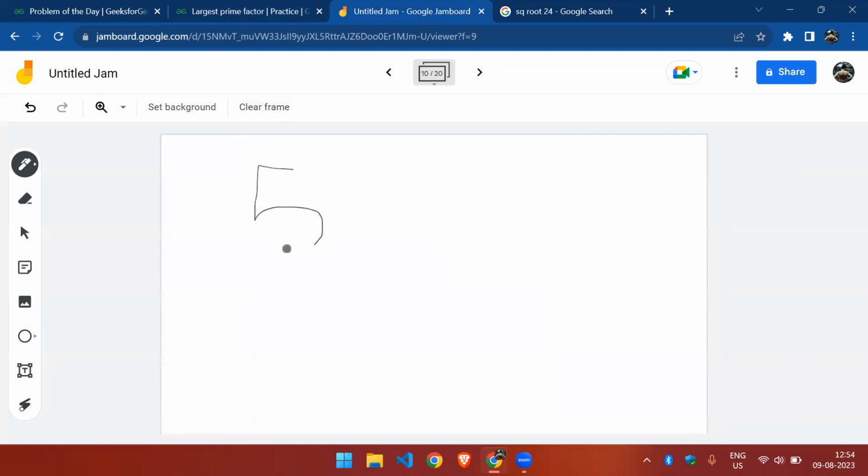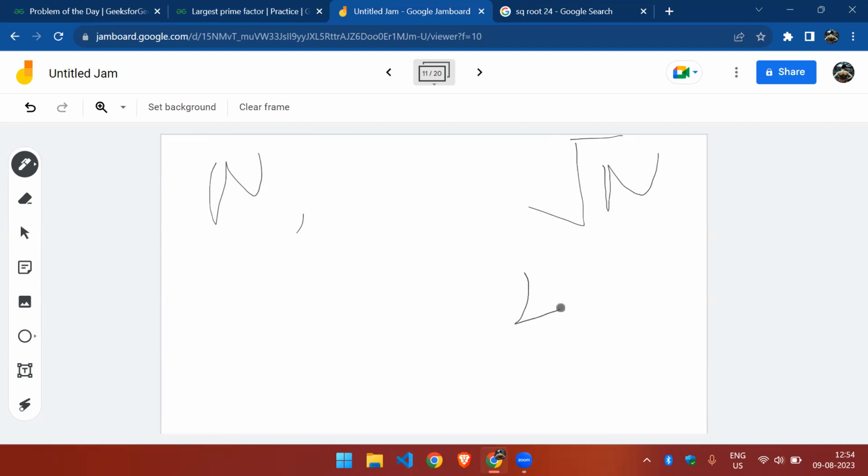And in case of a prime number like 5, we don't have any prime factor other than the number itself. So it is 5. Okay. So the approach I'll be following is there's a theorem which says that for a composite number n, the prime factor exists till square root n.